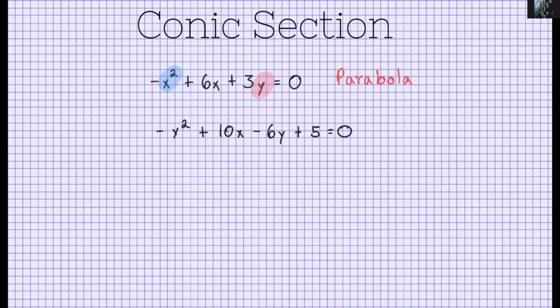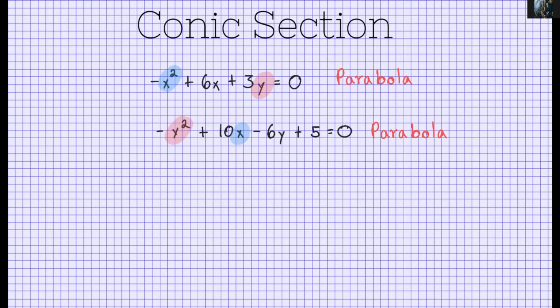I have my y variable, and I have my x variable. And if you see, only one of them is squared. So again, automatically I know that this will be a parabola.